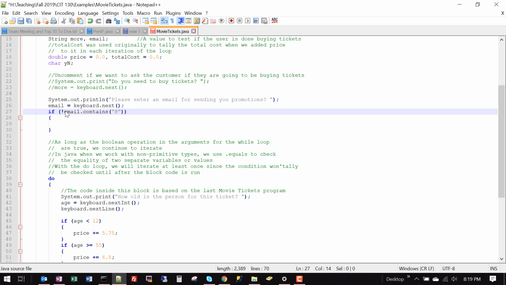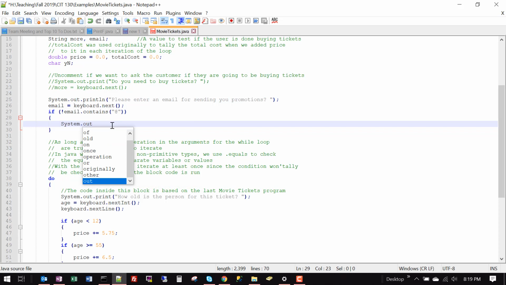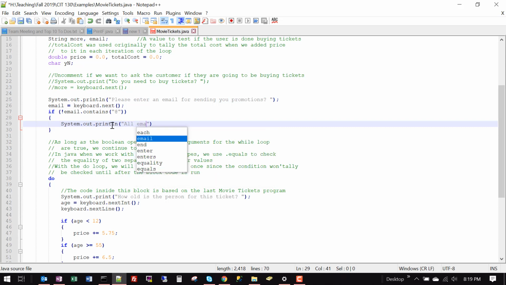That means if it does not contain that symbol, containing the symbol is false. When I take the not, I'm taking the opposite. I'm flipping that false value to true, and then I'll print out the error and say all email addresses must contain an @ symbol.